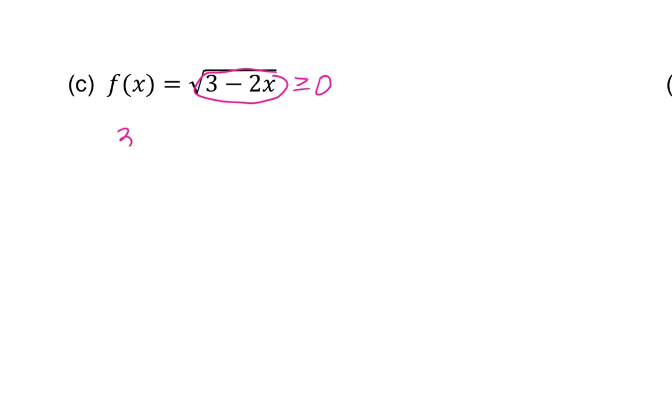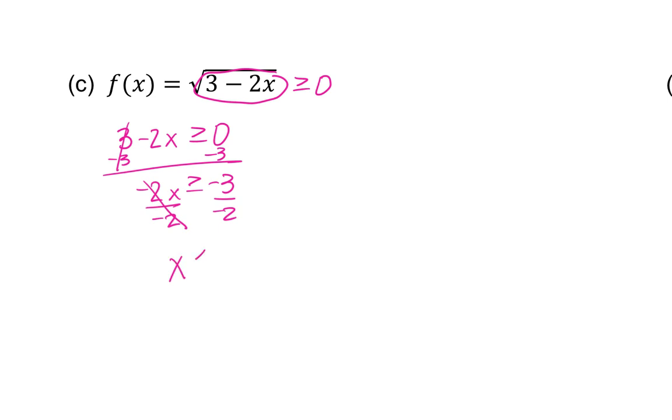So take your 3 minus 2x has to be greater or equal to 0. So I'm going to subtract 3, and I'm going to divide by negative 2. Remember, when you divide by a negative, the symbol flips. So x has to be less than or equal to 3 over 2.